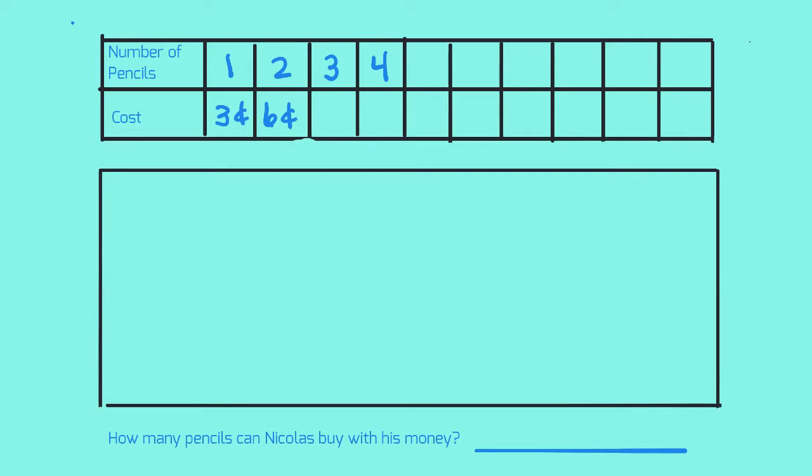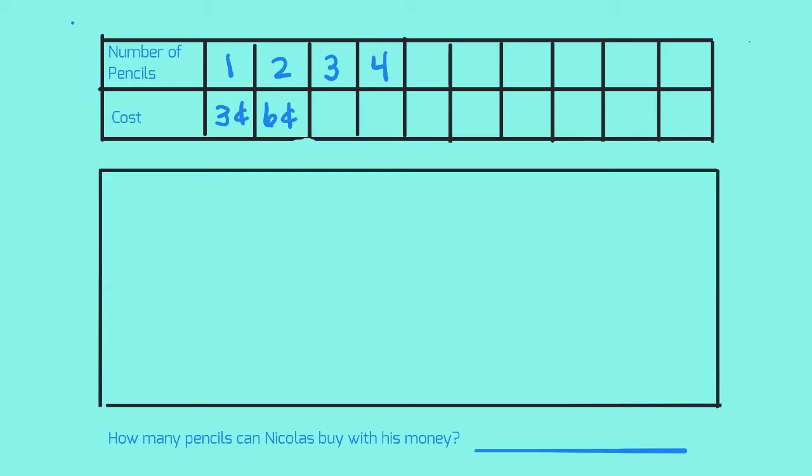Okay, so today you're going to learn how to solve a problem by making a table. At the school store, Nicholas can buy a pencil for 3 cents. Nicholas has 22 cents. We're going to show how many pencils Nicholas can buy with his money. So what is something we know in this problem?